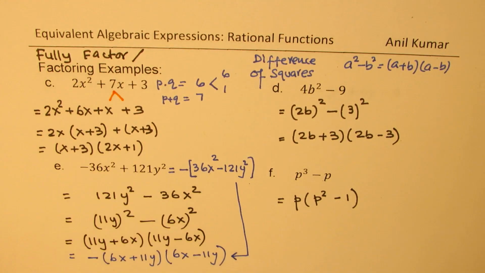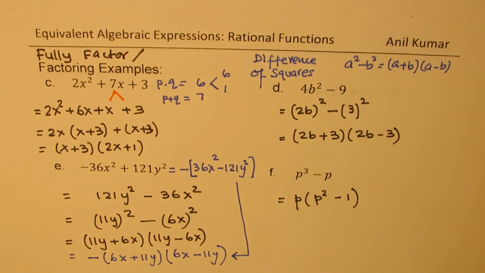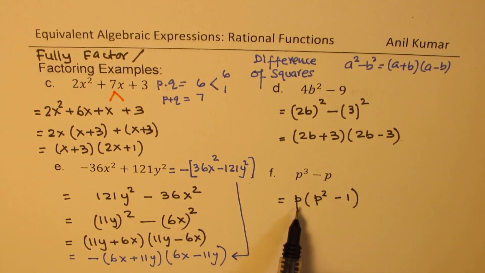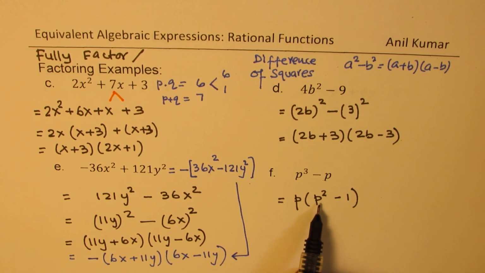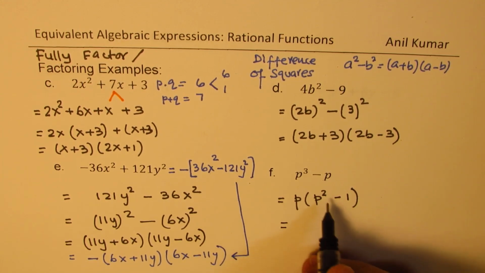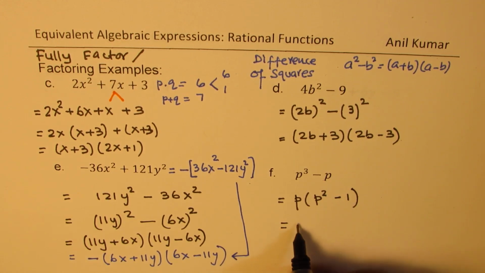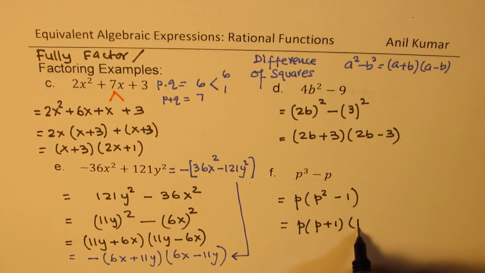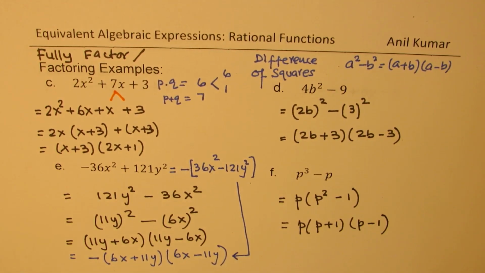That is the major thing. Fully factored means you have to keep going until all the factors have been taken care of. If you leave it at this stage, it is incomplete, since p squared minus 1 can be further factored. So what we get here is p plus 1 times p minus 1. That is again difference of squares. Perfect.